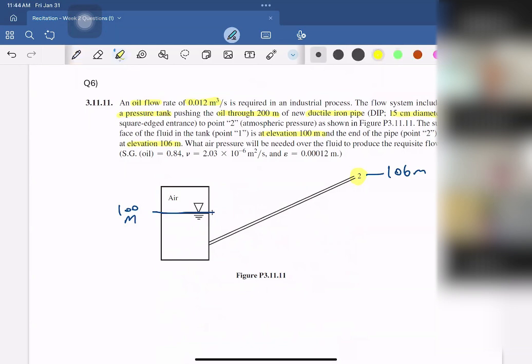And we need to find the air pressure that we will need to push this fluid through to point 2. So since this is a pressure tank, it will apply some pressure and it will help the oil move from point 1 to point 2. And we just need to find this pressure.